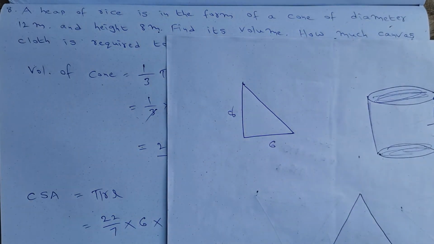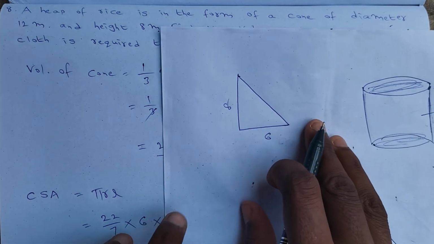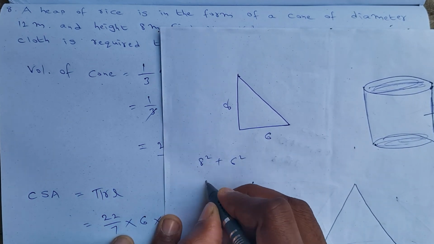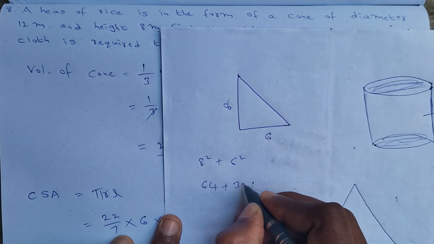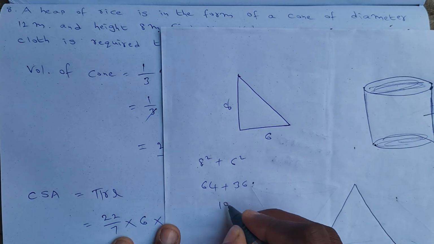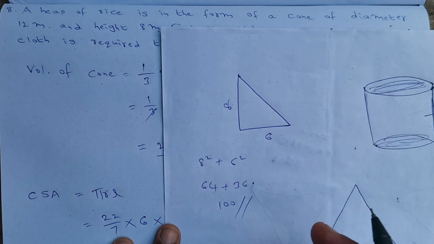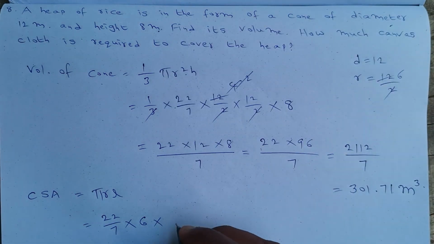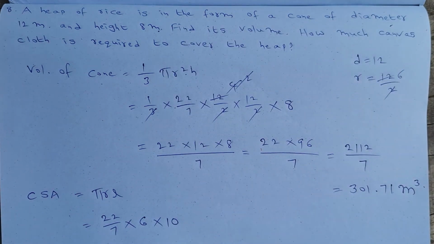So if you know the Pythagorean triplet, directly we can find out. If you don't know, we need to go with the Pythagoras theorem again. First side square plus the second side square. 8 square 64 plus 6 square 36. 64 plus 36 nothing but 100. Which number square is 100? So that is 10. So hypotenuse is 10, nothing but slant height.